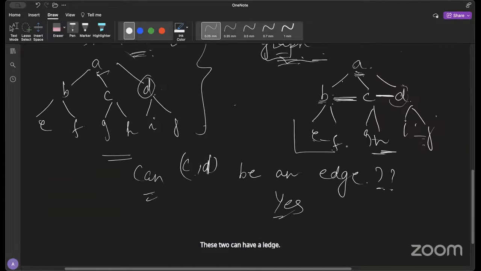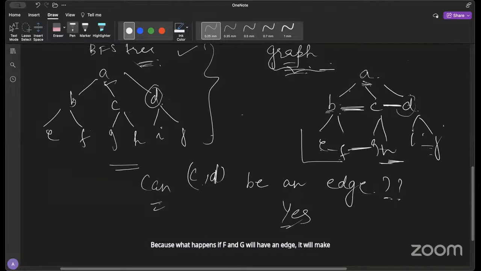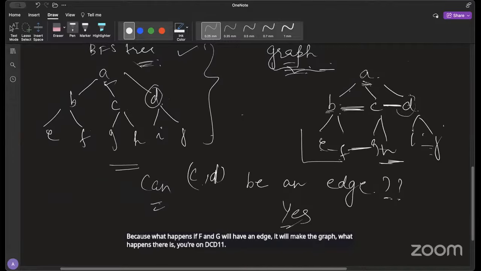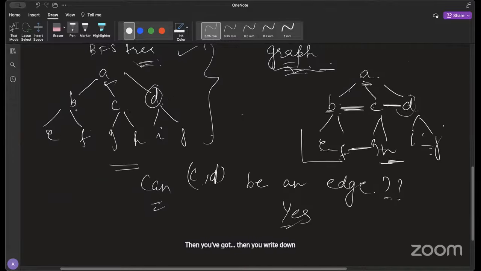But what happens if F and G have an edge, and you make the graph? You're on the B, C, D level. You start with B and write down all the vertices directly connected to B. That is E, F. G is not directly connected to B, so you write E, F. Then you come to C, the next vertex.